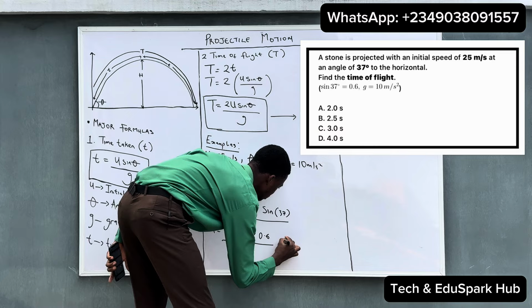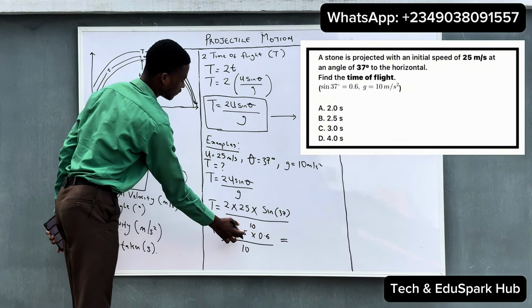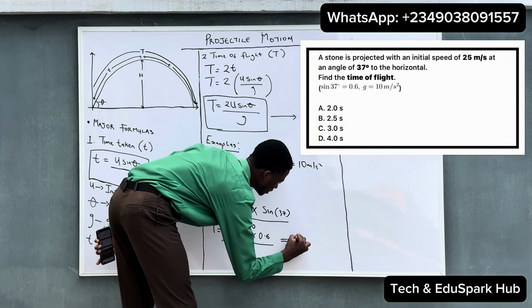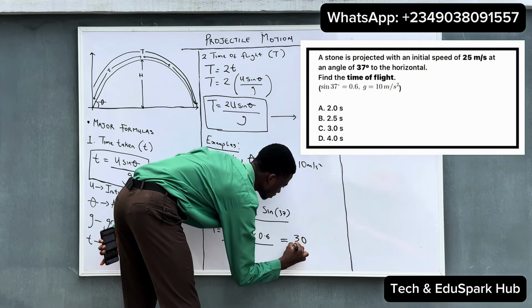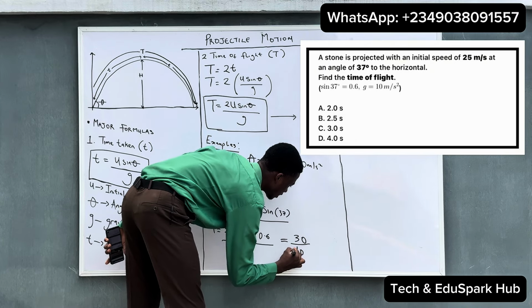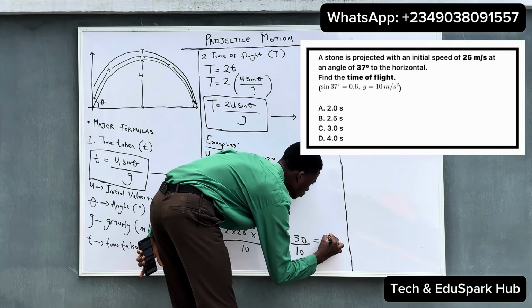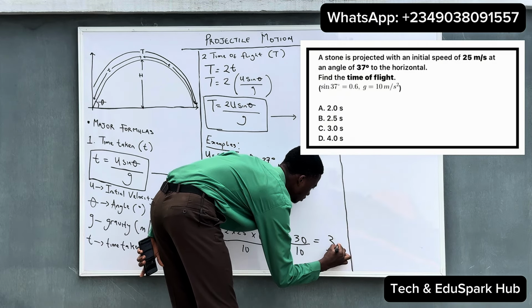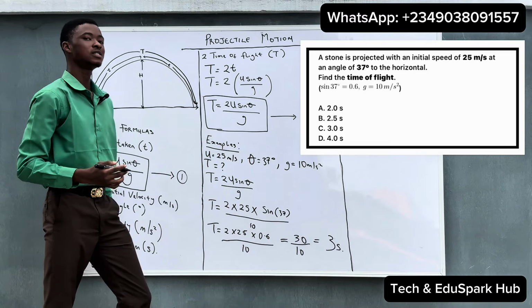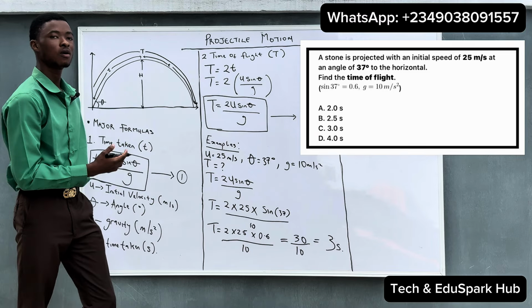When you solve this, 2 multiplied by 25 multiplied by 0.6 will give you 30. And 30 divided by 10, which is our gravity, so our T will be equal to 3 seconds. So this is our final answer to questions of this type.